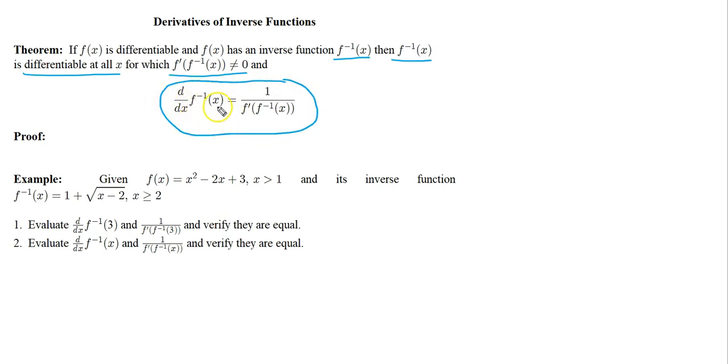So the derivative of the inverse function at x is 1 over the derivative of f evaluated at f inverse of x. Sounds a little confusing, but we'll make sense of it here with an example.